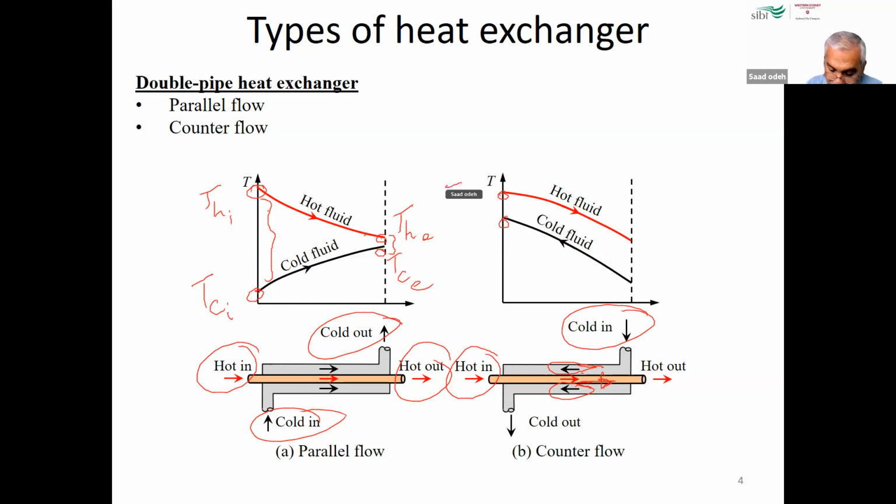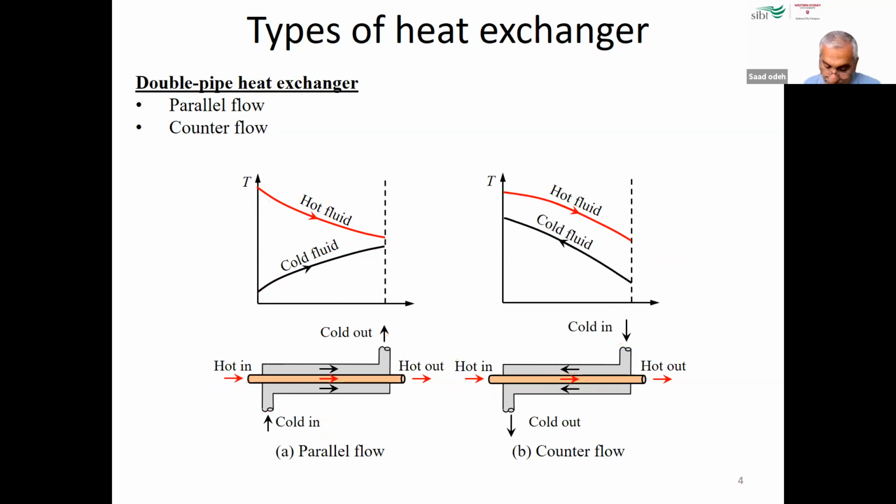So this is T hot in, while this one is T cold out. And here T hot out or exit, here T cold inlet. The difference, you can see, is not as big as in the first case. So these are the two types of double pipe heat exchanger.